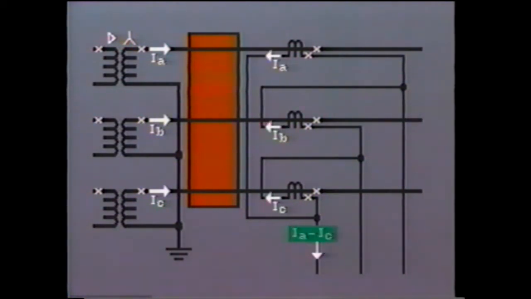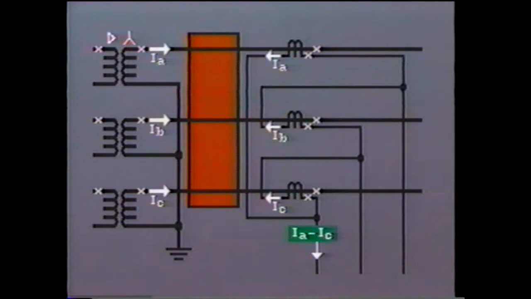On the secondary side of the transformer, the current in each line, as this is Y connected, is IA, IB, and IC. Observing the polarity of the CTs, we see that currents passing through the CT will produce secondary currents in this direction. Remember that these CTs are connected in delta. Therefore, the secondary current at this point will be IA minus IC.